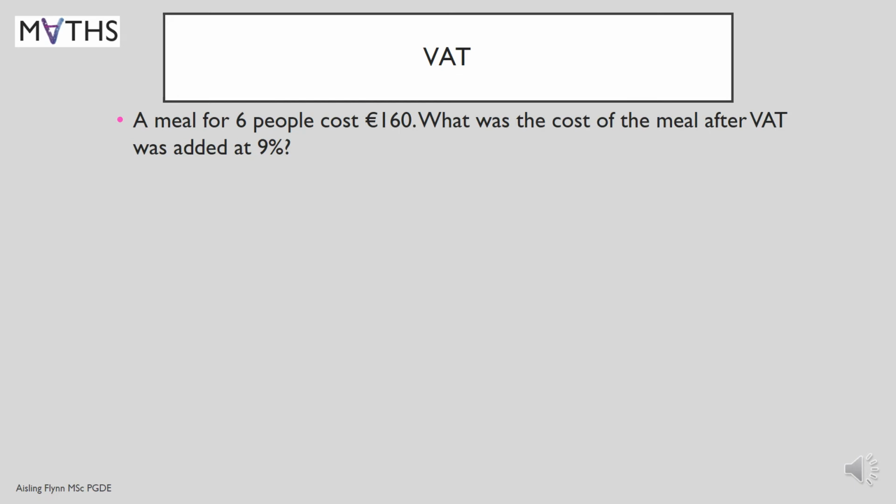Another one, a meal for 6 people cost €160. What was the cost of the meal after VAT was added at 9%? Okay, so again, we have to calculate VAT first. We have to get 9% of 160.